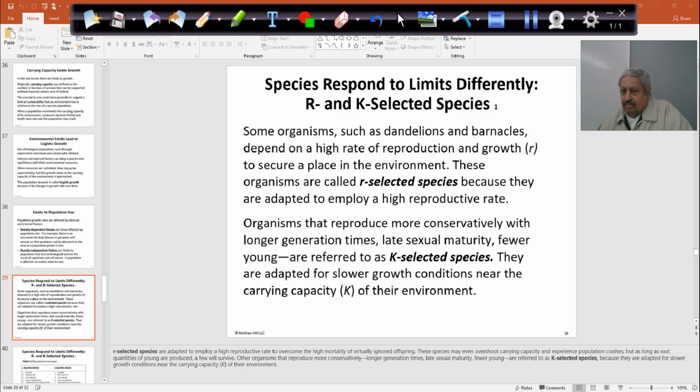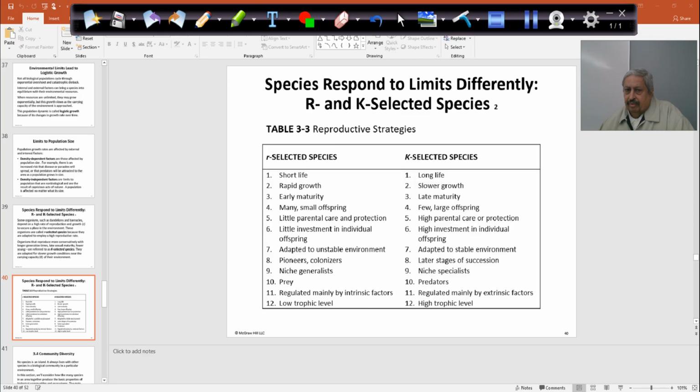So we have two species in the community itself. This is just to give you the idea of the difference between the R and the K series of species.